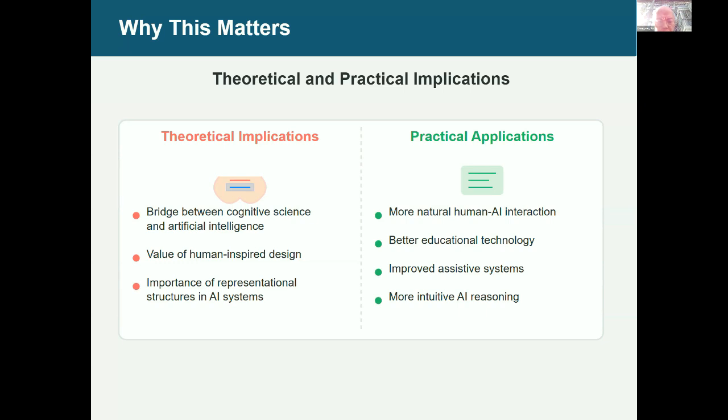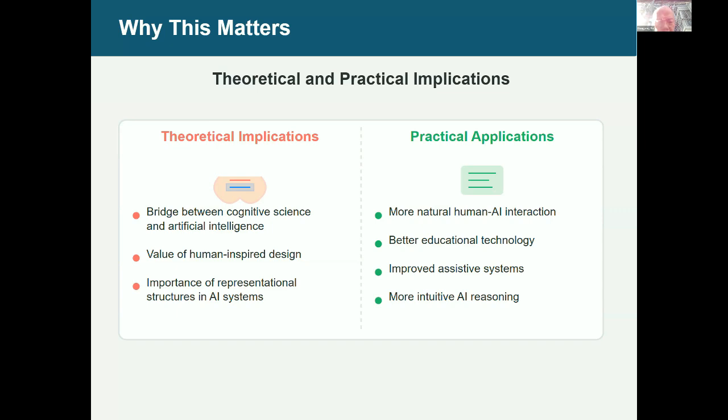From a practical perspective, AI systems that process information more like humans do can enable more natural human-AI interactions. They can lead to better education technology that aligns with how students learn.